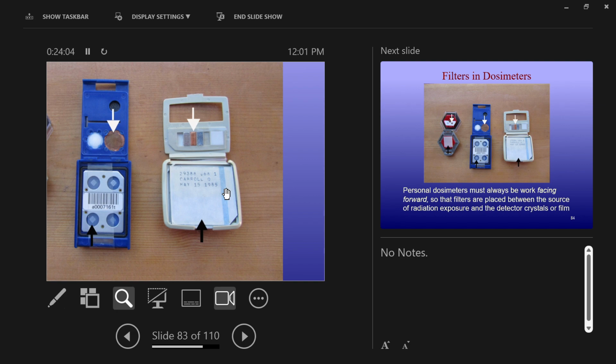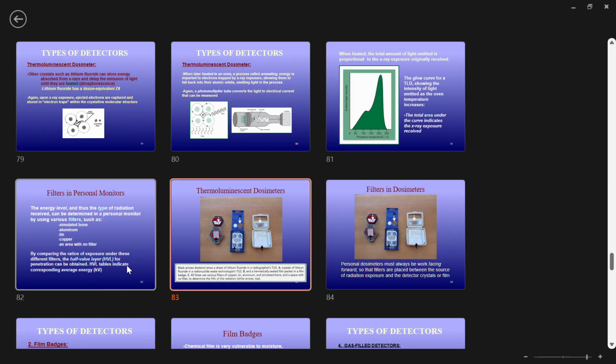And when this detector material gets back to the laboratory, they stick it in their oven, they can read how much light is being emitted from each of those spots behind where each of the filters were. And then they can tell how much radiation you got deep down in your body, how much radiation you got at the surface of your skin, and at what energy levels that radiation came in at, okay? So thermoluminescing and OSL badges do a very similar thing.